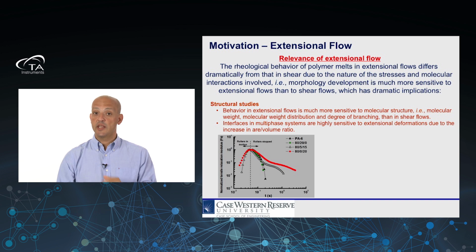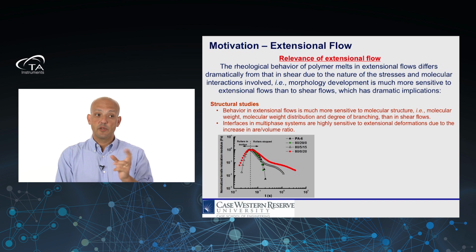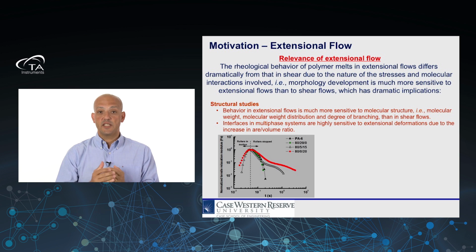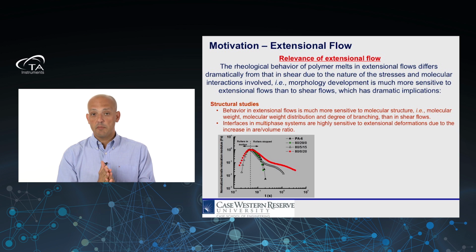For example, here in this case, we have an immiscible blend of polyamide 6 with an EPM rubber, and if I perform a stress relaxation after a step extension experiment, what I see is that the polyamide 6, which is represented by the black triangles, will have a very fast relaxation.